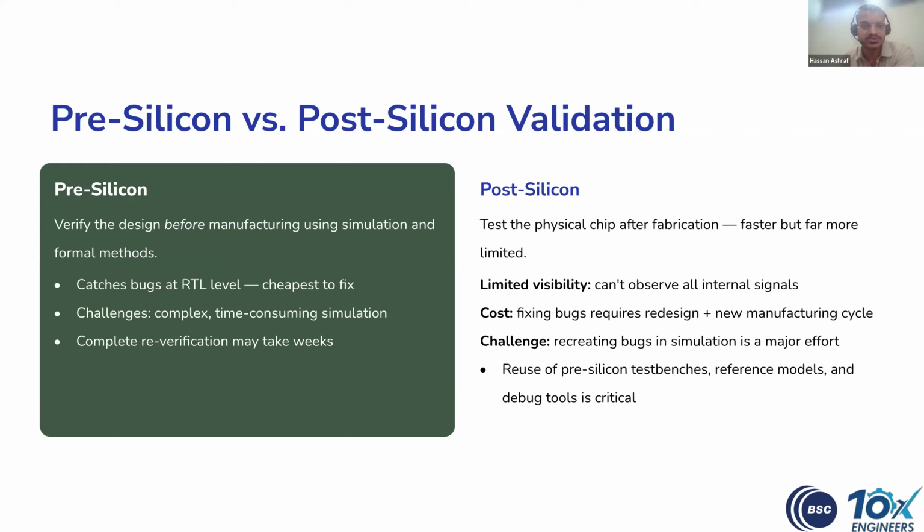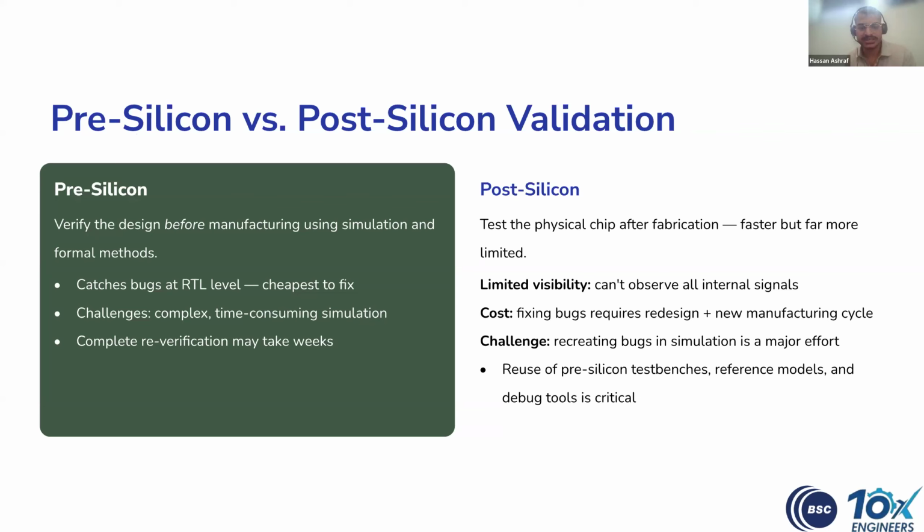So we have the source code available to us and it's cheapest to fix. So if we find a bug, we ask the RTL design team and they update the source code accordingly. Challenges are complex and time-consuming simulation. So sometimes if the design is too complex, simulation might take time as well. And complete re-verification may take weeks.